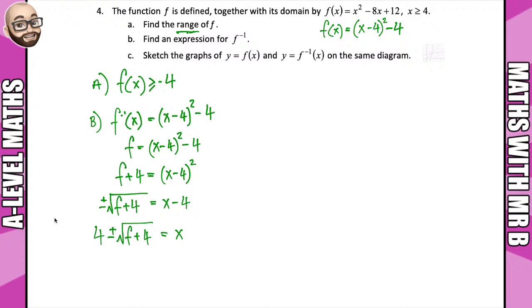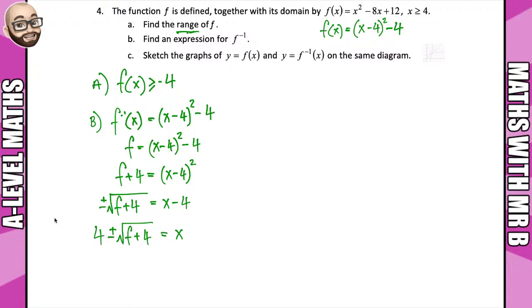So this inverse function is going to take us from what we would have called the output and take us back to what the input numbers were. Now we know from the question the inputted numbers, the domain, must always be bigger than or equal to 4. So if we look at this, if it was a plus in the middle, that would be fine, because 4 add any number is always going to be 4 or bigger.